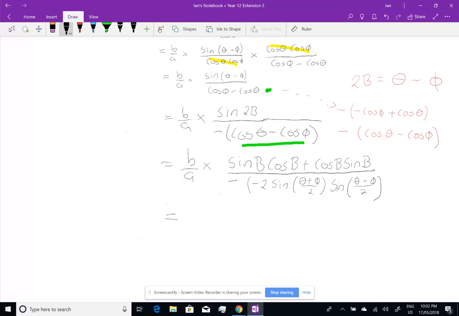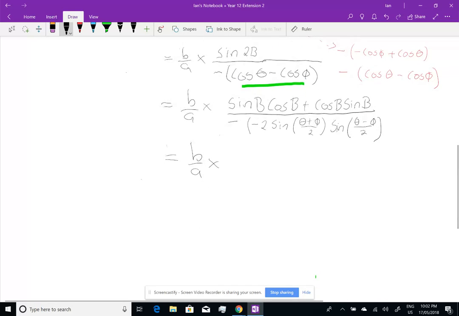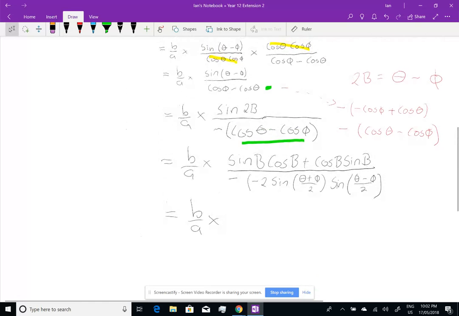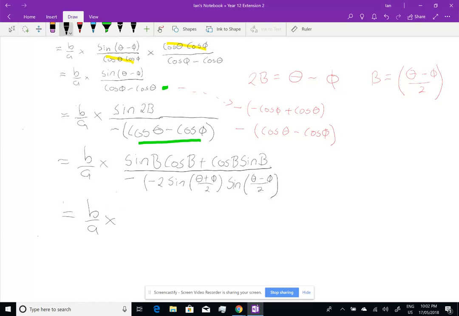Okay, B on A. As I said, it's getting complicated, and it's still a bit to go yet. Well, up here, we also said that B was equal to that. So let's put that back in where these B's are. So I get sine theta minus phi on 2 cos, oh no, we'll make it a bit easier so we can do the substitution later.